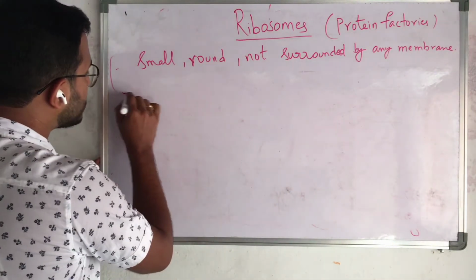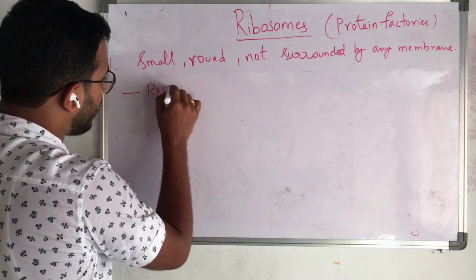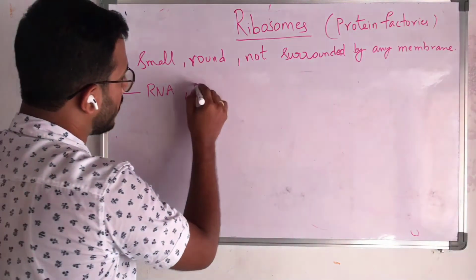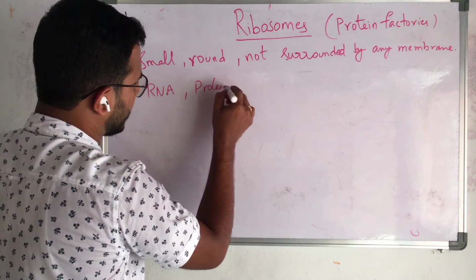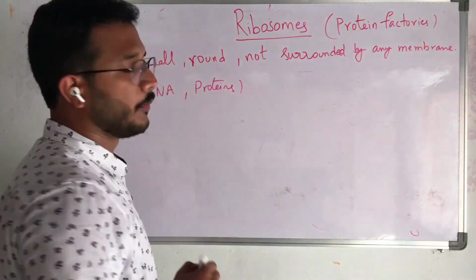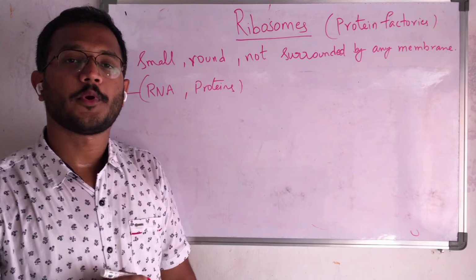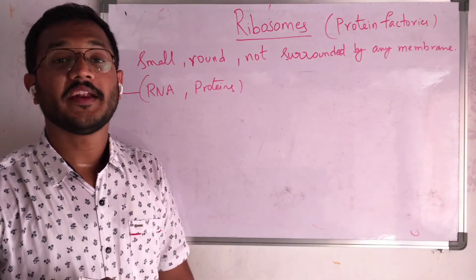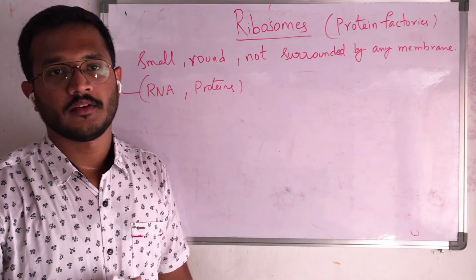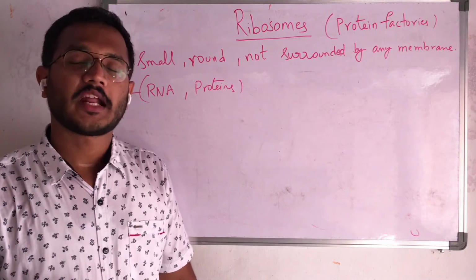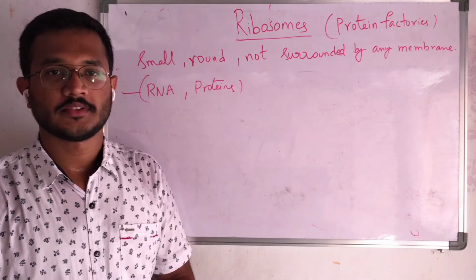Ribosomes contain only ribonucleoproteins, that is RNA and proteins. Nothing else is in that structure, only RNA and proteins. How the proteins are formed, how many types of ribosomes there are, and which organisms have which type of ribosomes, we will see now.